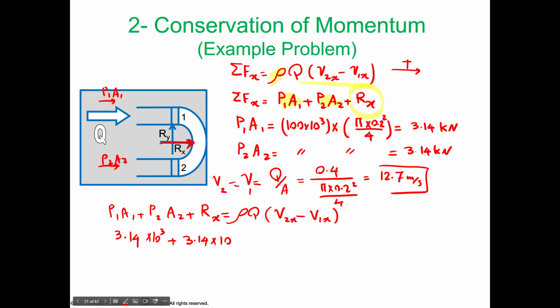Same here, that's kilo. Rx, I need to know it. Rho for water, the solution that I have considered 998, 1000 is correct even. So that's rho. Discharge, you have it. Velocity at point 2, 12. Velocity at the other point, same.